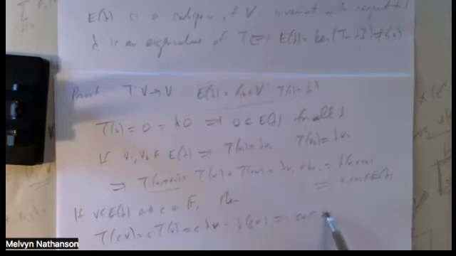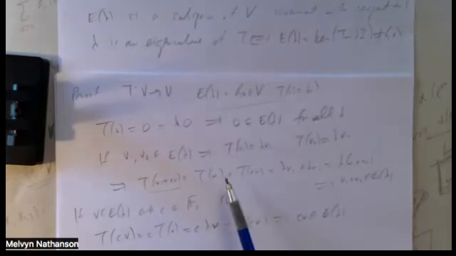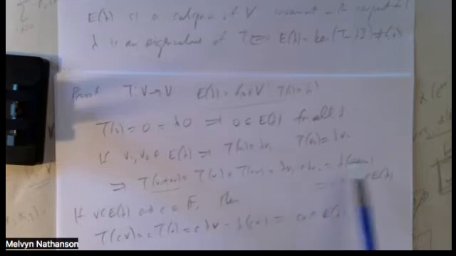So CV is also in E of lambda. So E of lambda contains 0. It's closed under vector addition and scalar multiplication. So E of lambda is a subspace.